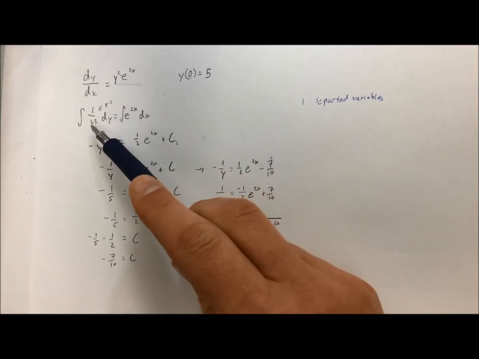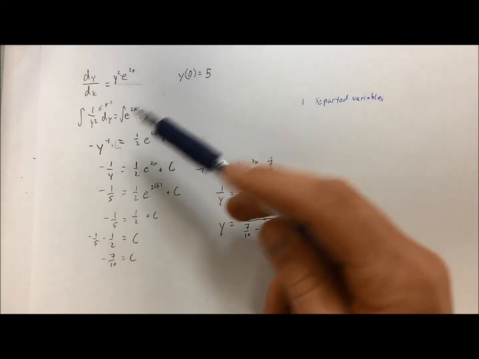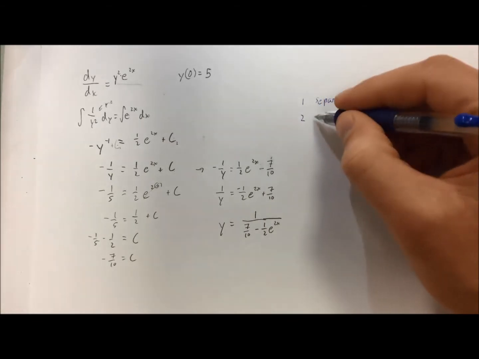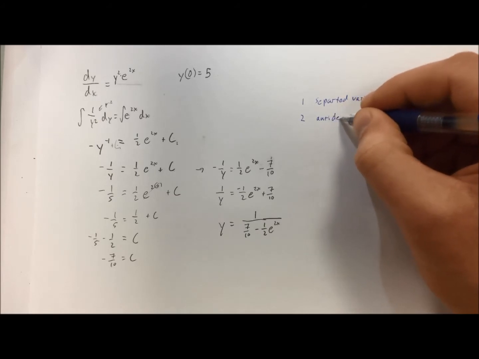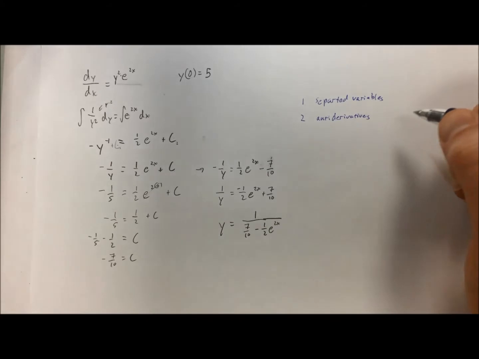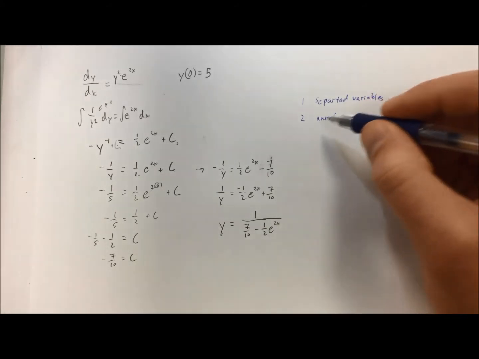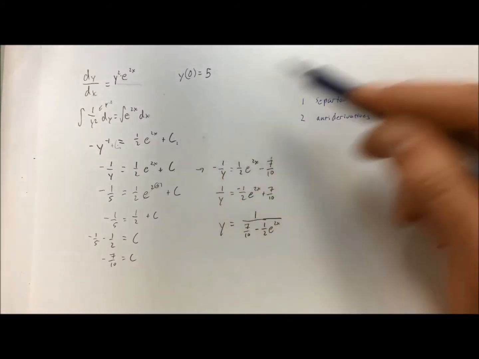So just by separating the y's and the x's right here, you would get 1 point. You get 2 points for anti-deriving. And from here, you only get the next points if you remember the constant of integration.